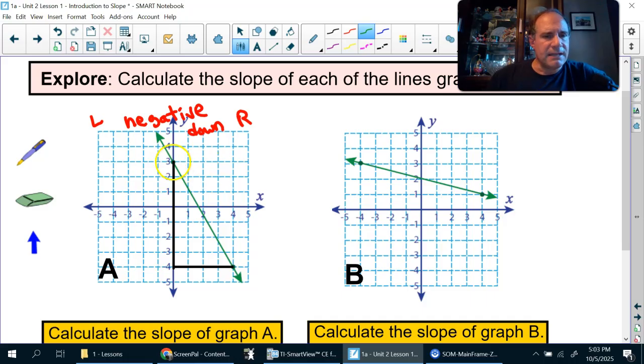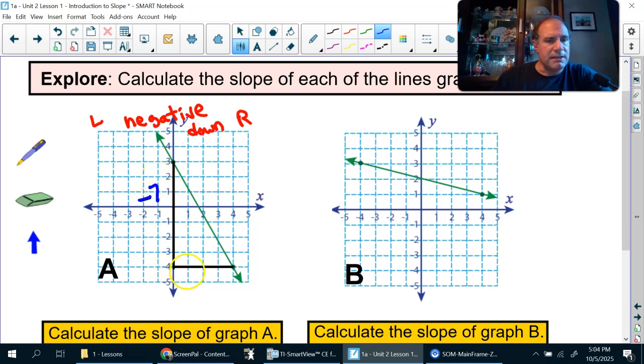Once we have that connected, then we could count from up here to from the left. 1, 2, 3, 4, 5, 6, 7. So we're going to put a negative, -7, because we went down 7.